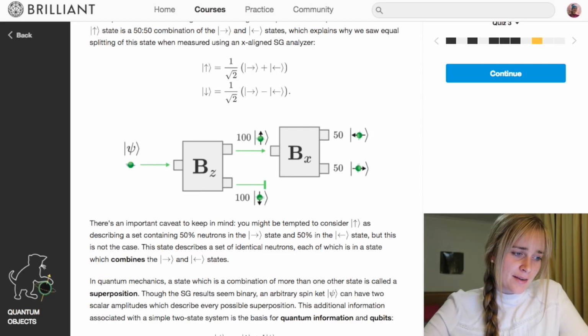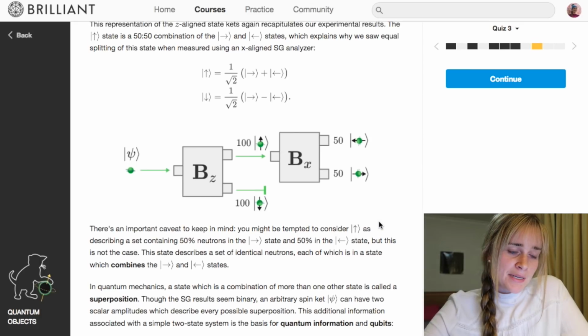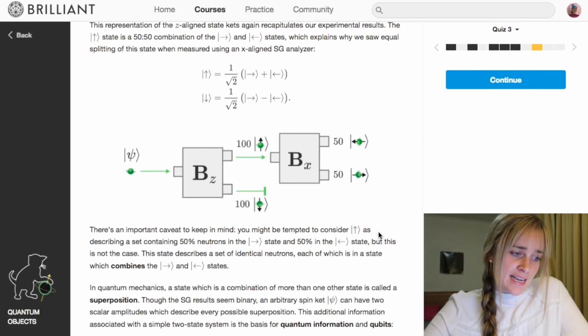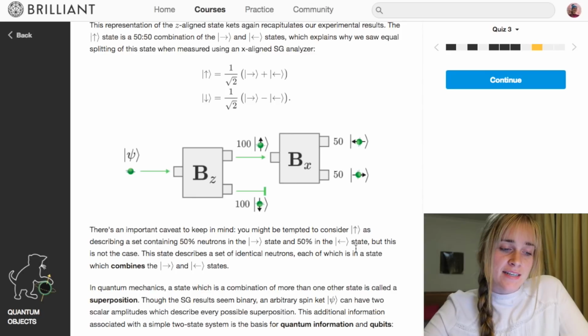There is one apparently important caveat listed here, and they say you might be tempted to consider the spin-up state as describing a set containing 50% of the neutrons in the spin left state and 50% in the spin right state, but this is not the case. The state describes a set of identical neutrons, each of which is in a state that combines the left and right states.